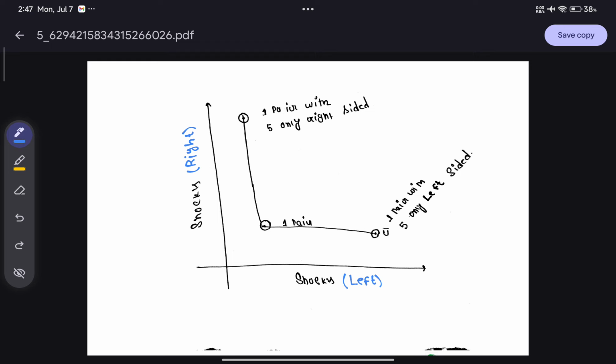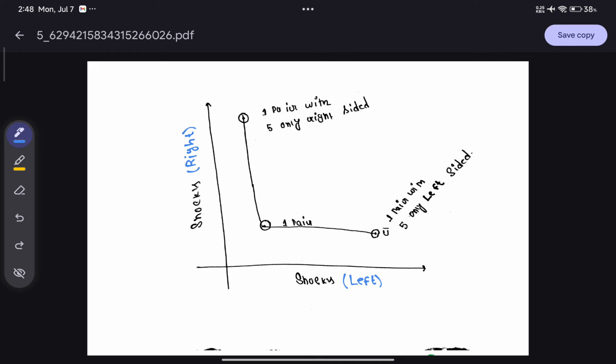It means along the curve, the utility of the consumer remains the same. Only the composition of goods, or the ratio of consumption between these two goods, changes. So this is in simple terms called the indifference curve.